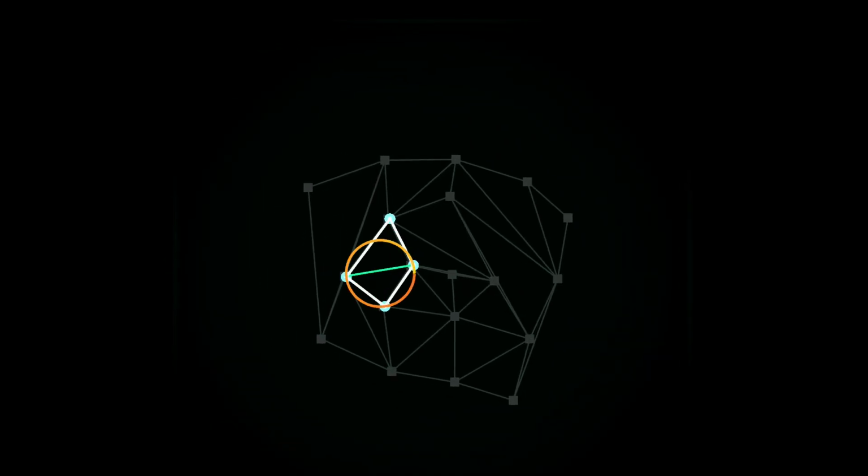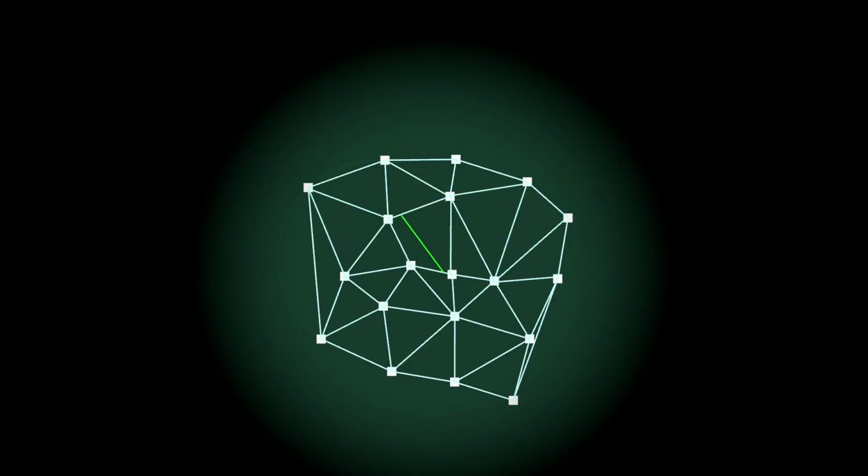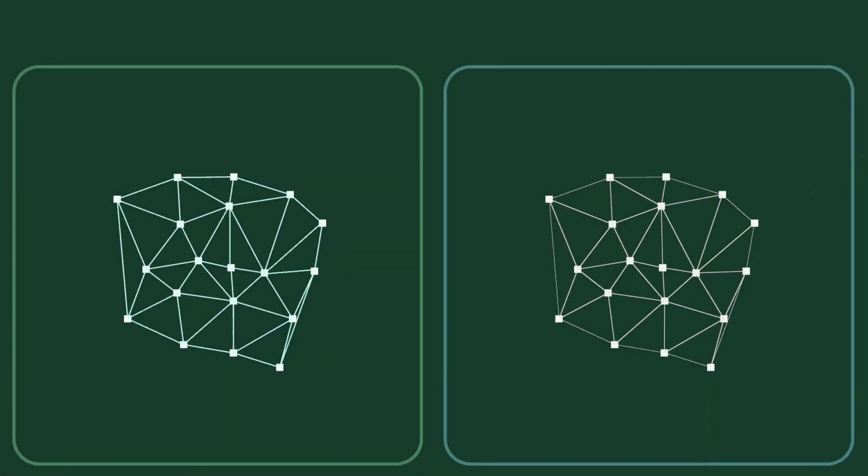The new triangles would satisfy the condition. However, flipping can also change the status of the other connecting triangles. So we do have to check those triangles too. And now we have our Delaunay Triangulation.